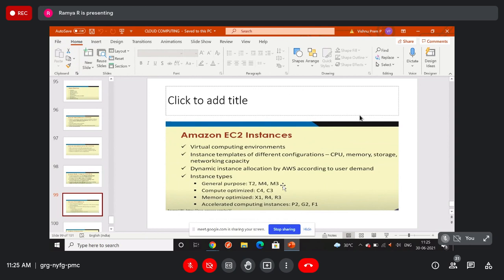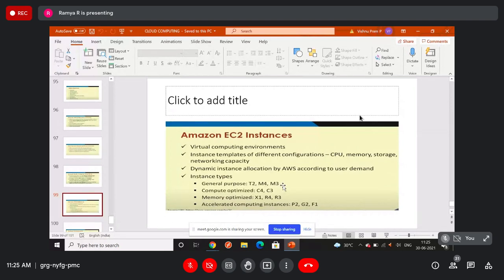Likewise, one system is going to be divided into different systems with different operating systems, and some of the storage is going to be shared. That is the thing: a virtual machine is called an instance, I can say.